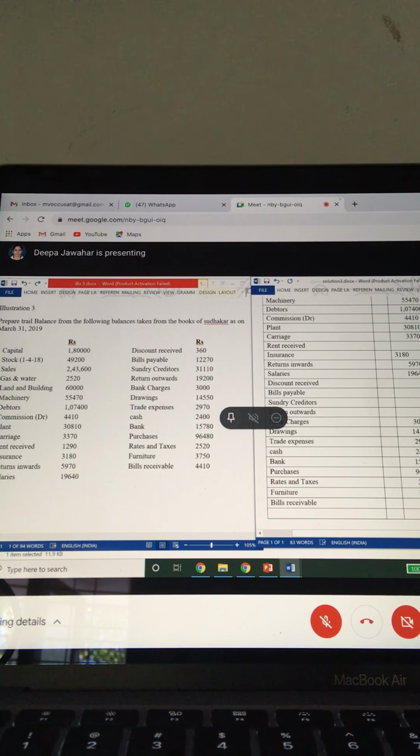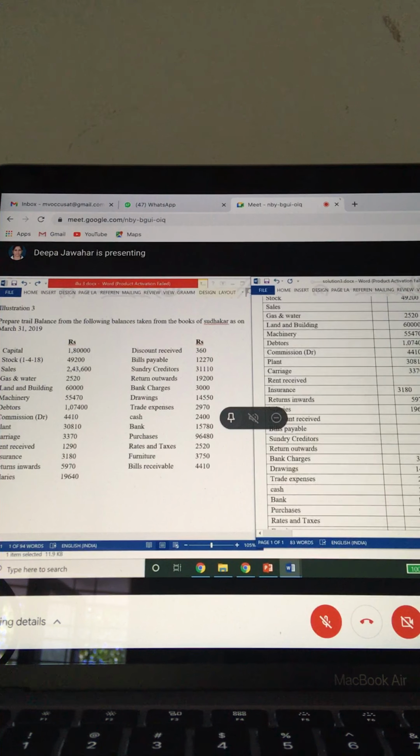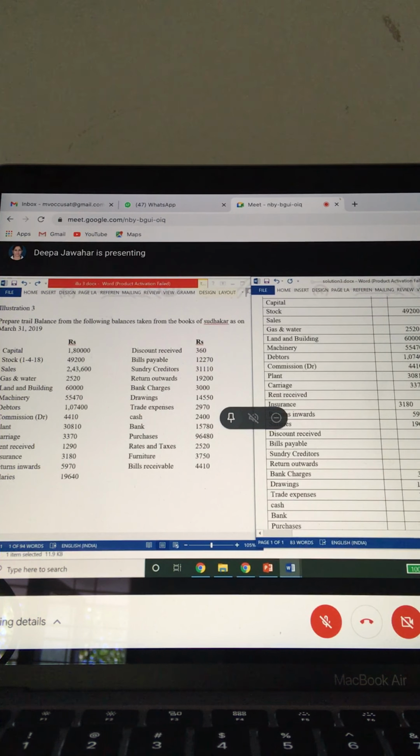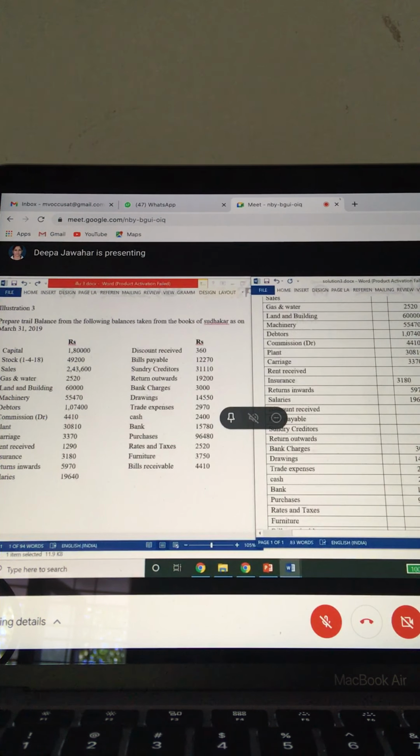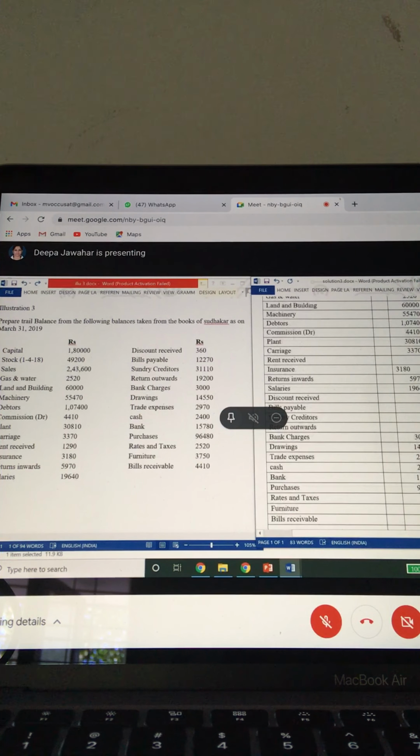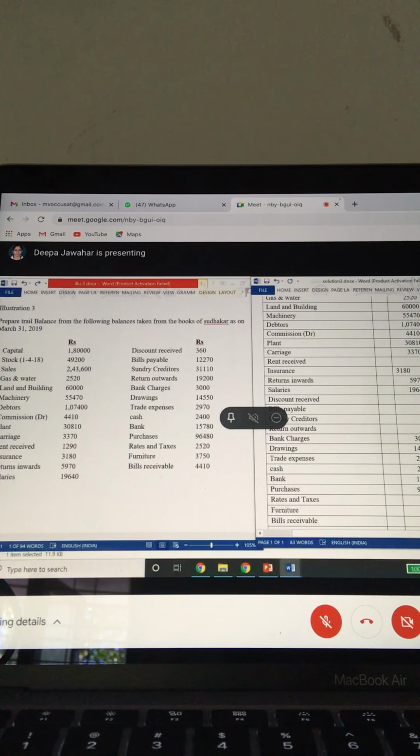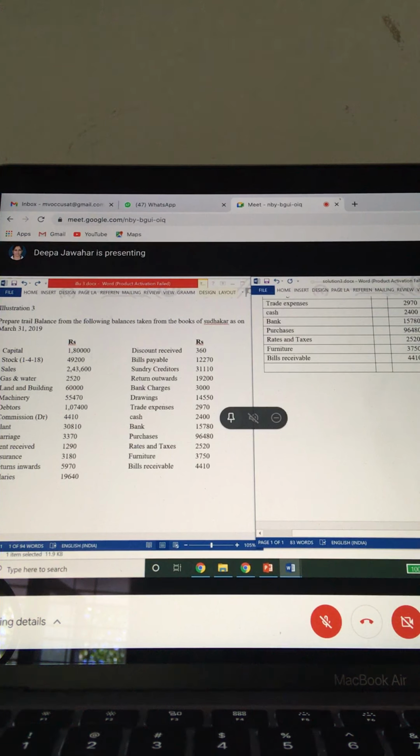So please add very quickly. രണ്ട് സൈഡും ടോട്ടൽ ചെയ്യാം വേഗം.